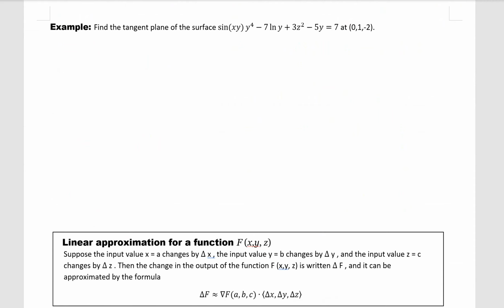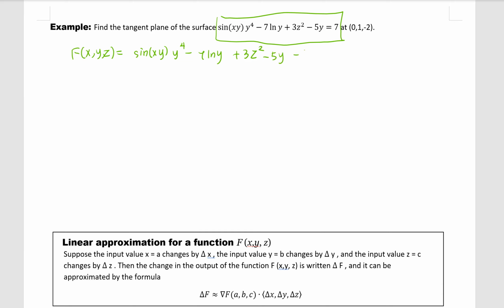Now f(x, y, z), you always use the left hand side minus the right hand side. So we have sine of x y times y to the 4, minus 7 ln of y, plus 3z squared, minus 5y, minus 7. So far, so good, everybody?